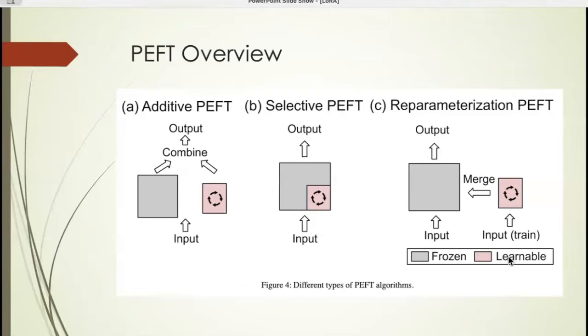The pink ones are all learnable, trainable parameters. So in the training phase, the original LLM parameters are going to be frozen, and only the newly added layers are going to be updated for the new task. So this is additive. There's also selective PEFT. You can think of it as some layers of the transformer blocks being frozen and some layers being trainable.